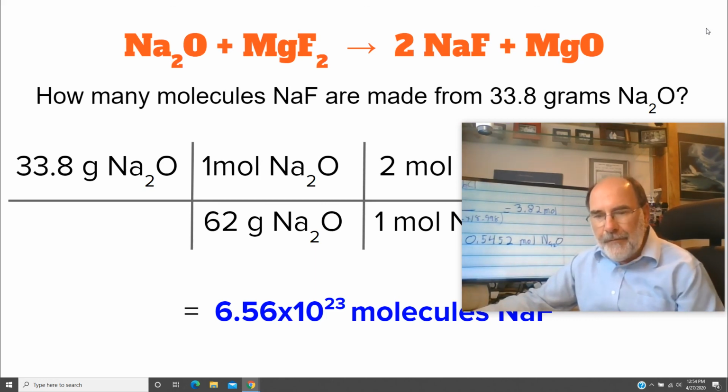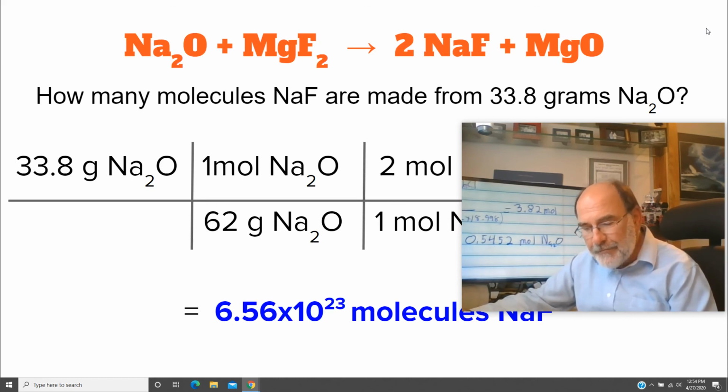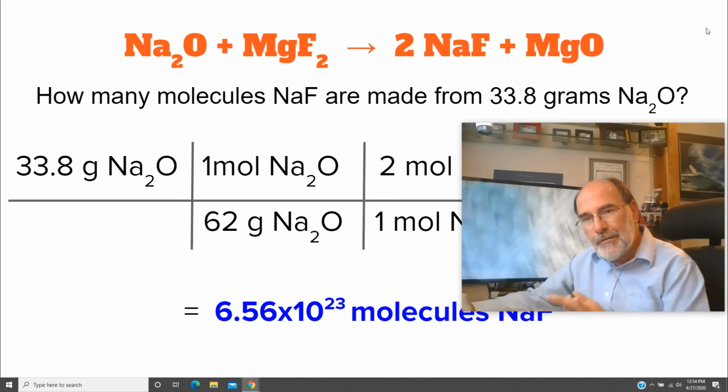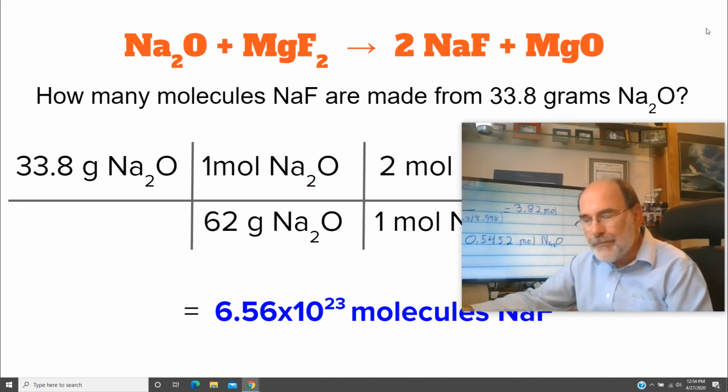Now, if I start off with 33.8 grams of magnesium fluoride, then I go 33.8 divided by open parentheses, and inside the parentheses I'm going to put the total mass of 1 magnesium and 2 fluorines.